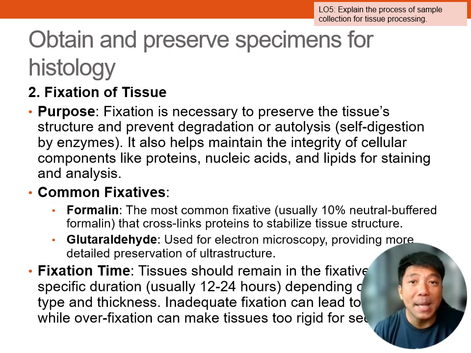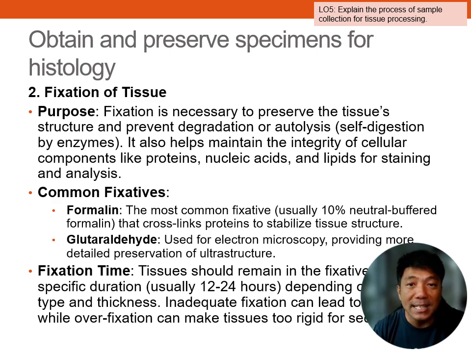Once the tissue sample is collected, the next step is fixation. Fixation preserves the tissue structure and prevents degradation. The most commonly used fixative is 10% buffered formalin, which stabilizes the tissue by cross-linking the proteins.